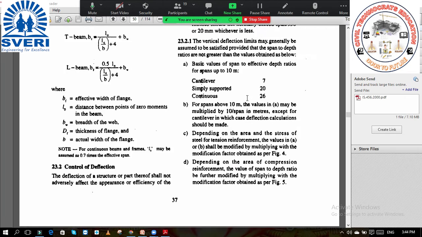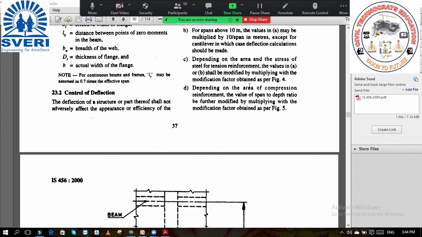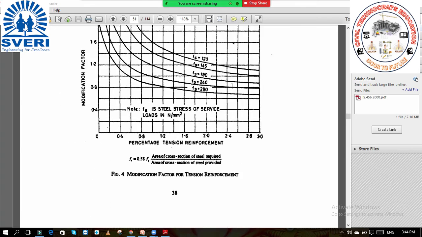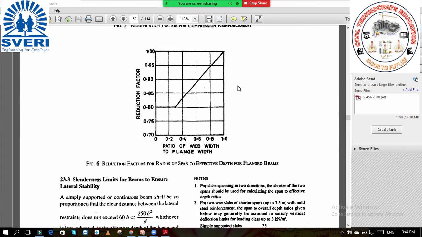Okay, so now in the IS code we will go to clause number 25.4 first.